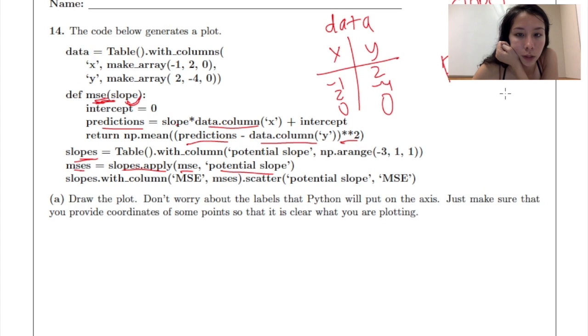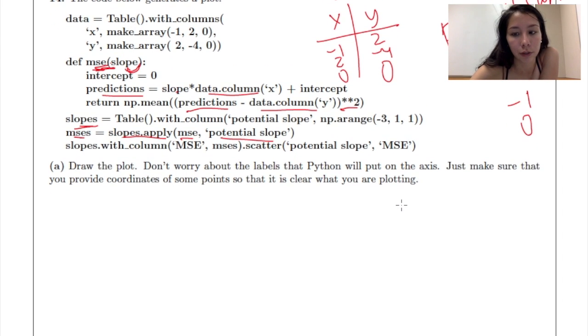So -3, -2, -1, 0. And we want to apply this function MSE to these potential slopes, and then add it to a column with the MSEs. Yeah, so we're basically just finding the mean squared errors for each of these potential slopes.